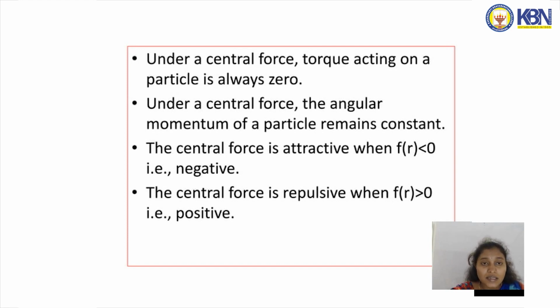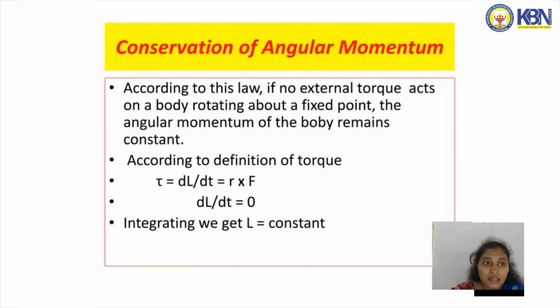So it represents that the central force is negative. And coming to the second important point, the central force is repulsive when the function of distance is greater than 0, that is positive. So it can be represented as F of r is greater than 0.